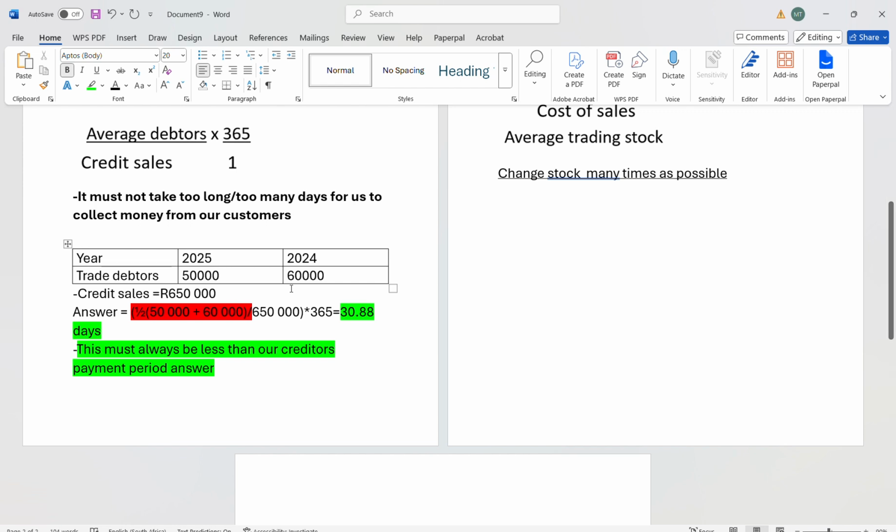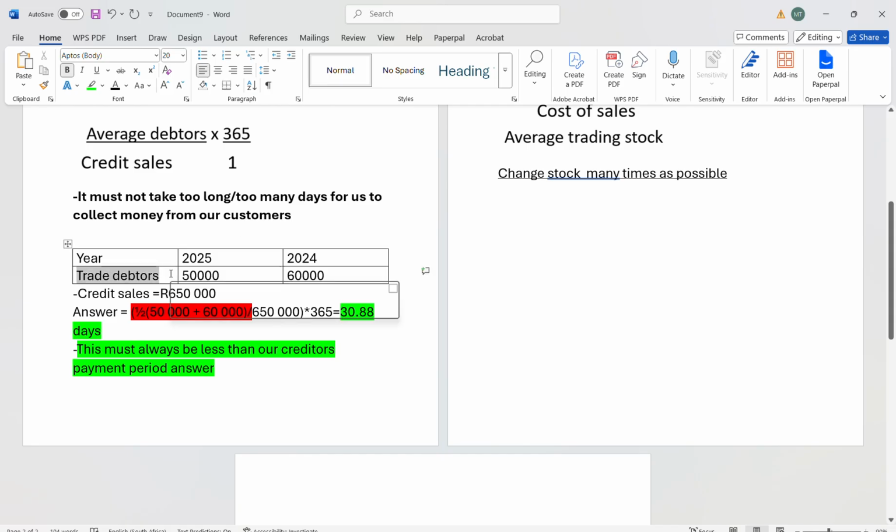You don't like it if you collect money after 200 days or 3 months. That's a bad thing. It must take you maybe 1 month to collect your money from your debtors. So let's do this example. Let's say we have financial years 2024 and 2025.